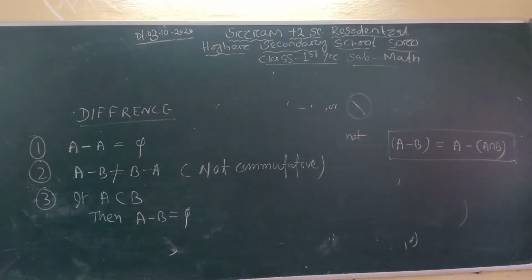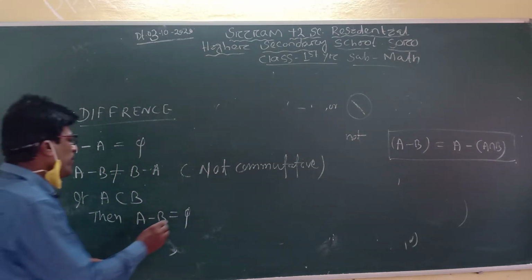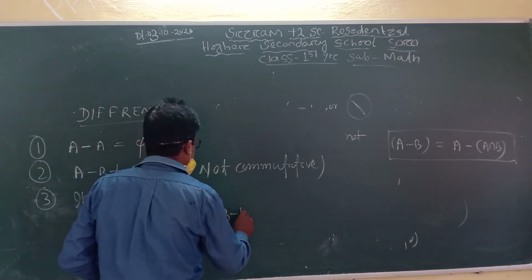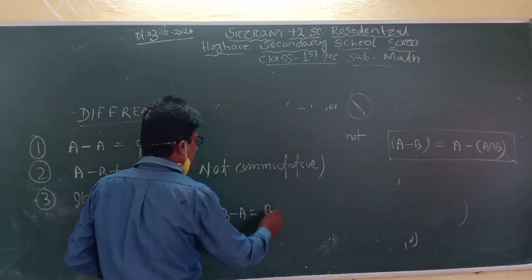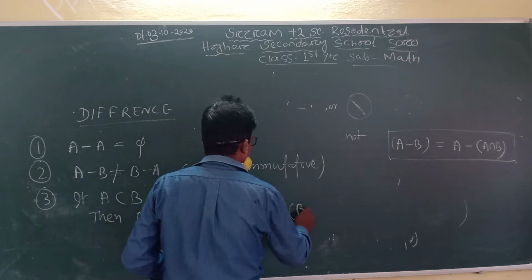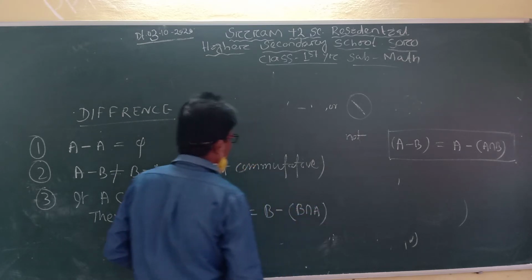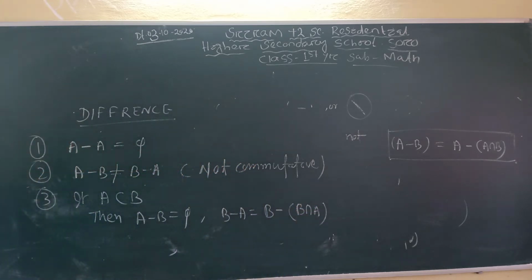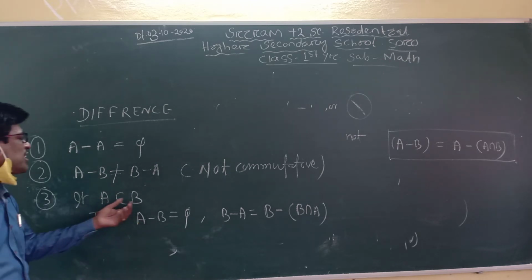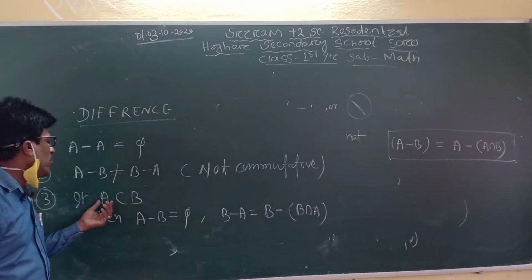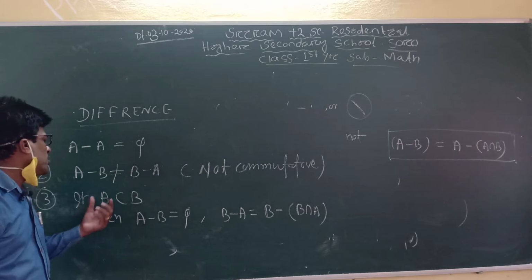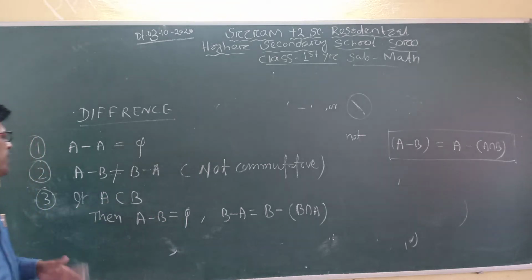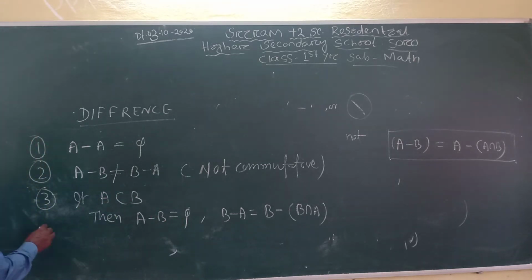As I already told you, B difference A is equal to B difference B intersection A. But A difference B is equal to phi because A is a subset of B, so there are no elements in A without B. Okay, that is the third case.